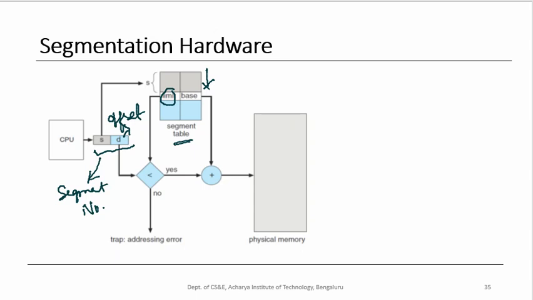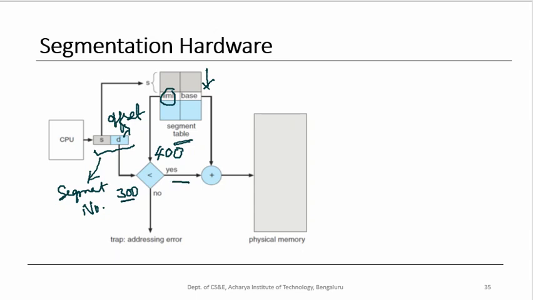For example, if the limit value is 400 for a particular segment, and the displacement value is say 300, this is well within the limit. That means the offset ranges from 0 to 400, and the offset generated by the CPU is well within the limit.